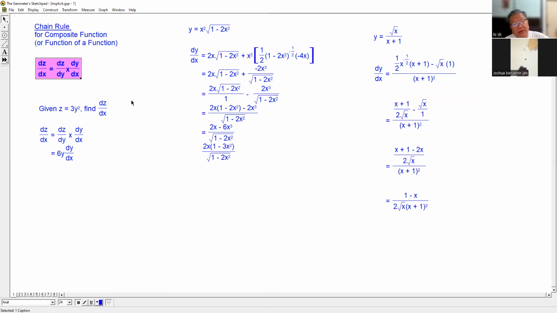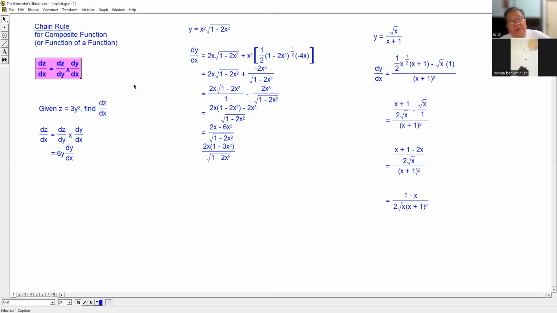Chain rule says that if you differentiate z with respect to x, you can split out z at the top, x at the bottom. In between here, you can fill up anything you want. So if the other variable is y, then you put dz dy, dy over dx.